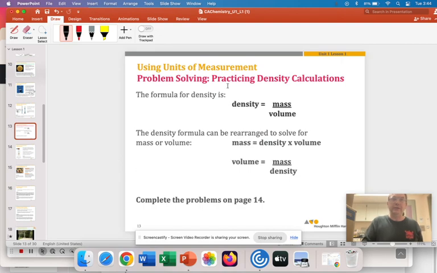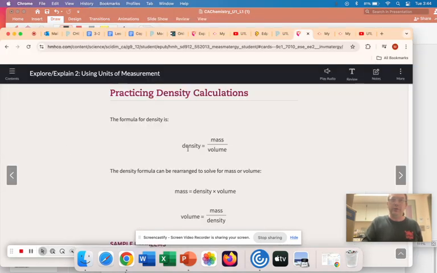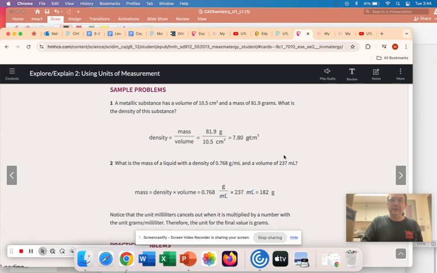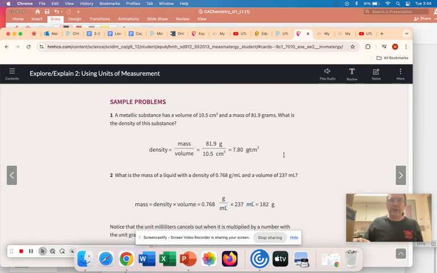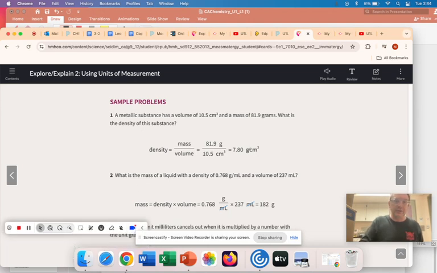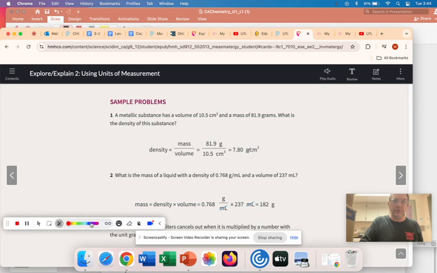Let's look at some practice problems for how we approach these. So in this sample, if I know that a substance has a volume of 10.5 and a mass of 81.9, I can calculate the density by dividing those two values.